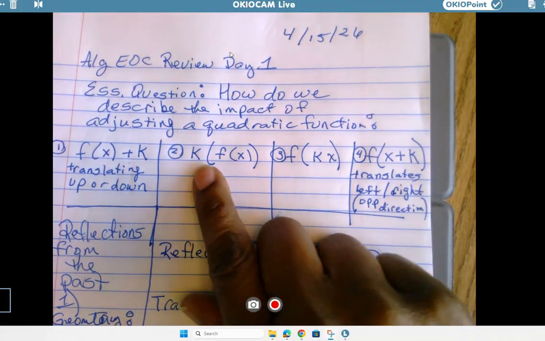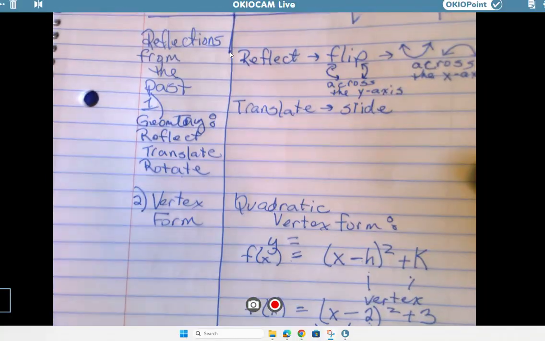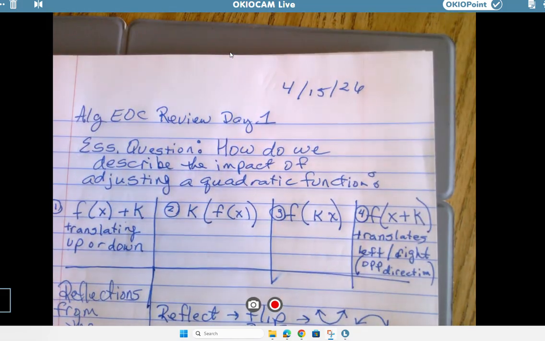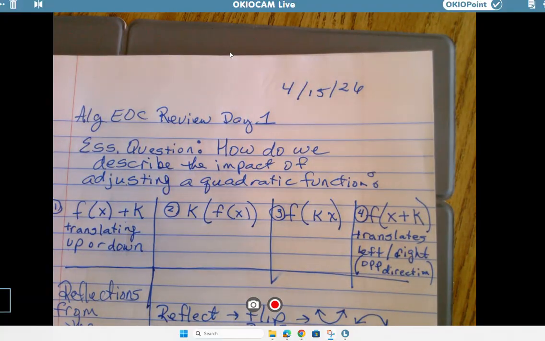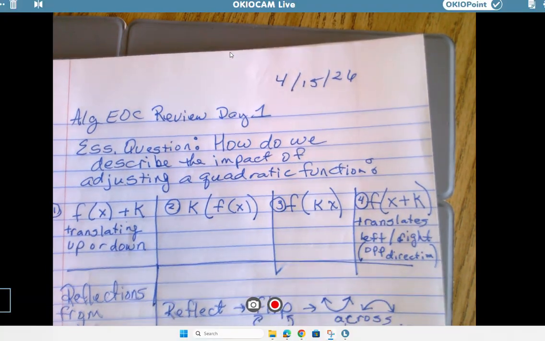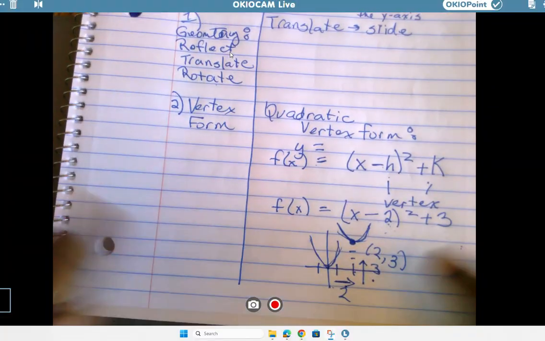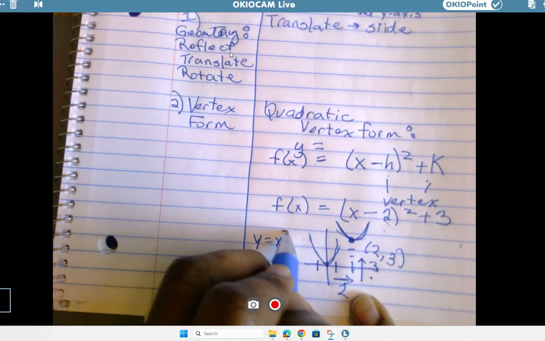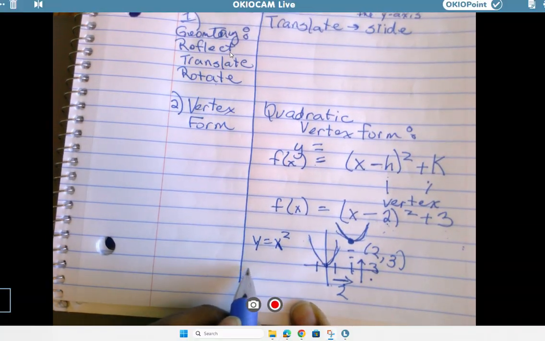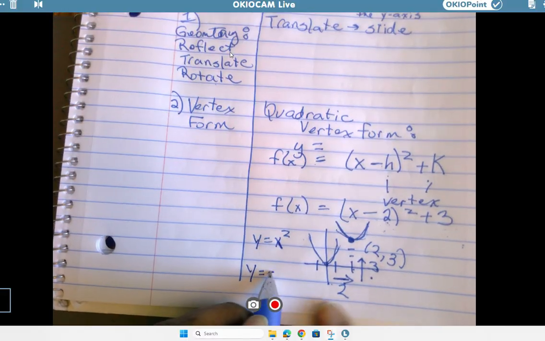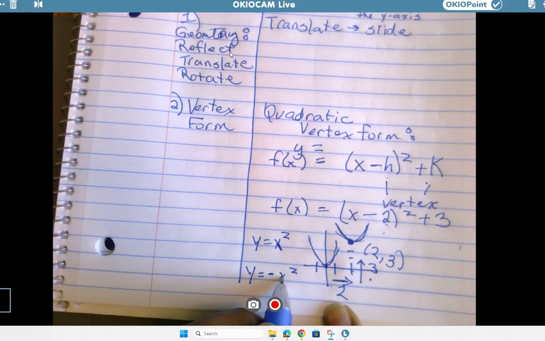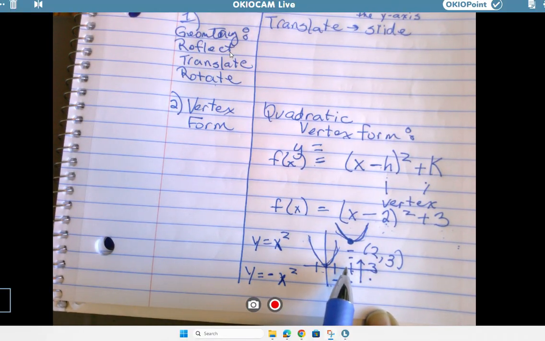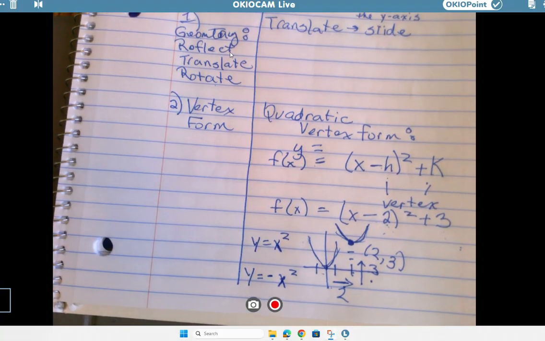Where we going from here? We got to figure these two out. Now, rotate. Let's talk about this reflecting right here. We know this because if we take this parent function, y equals x squared, and we make it y equals negative x squared, what is going to happen to this U-shaped parabola? Fabulous.